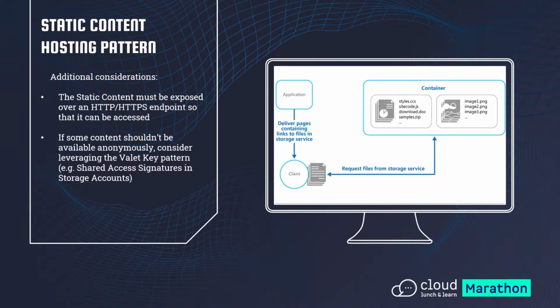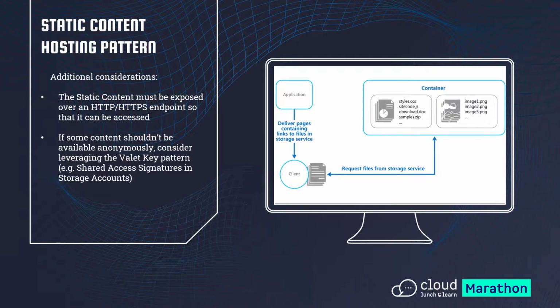Of course, there are some additional considerations to be made as well. For example, that static content endpoint needs to be accessible over HTTP or HTTPS, so effectively able to be browsed over the public internet.